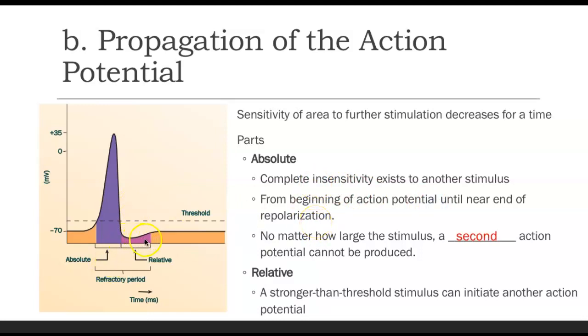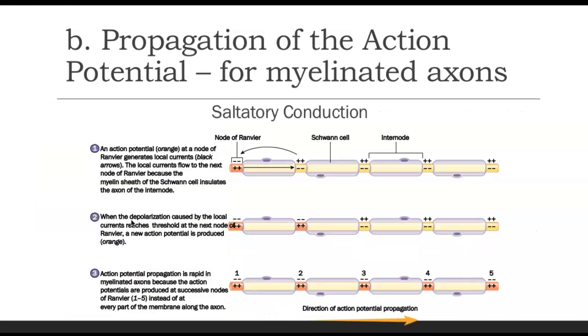Now here in the pink, we have our relative refractory period, and this is going to need a stronger than normal stimulus in order to make it to the threshold for an action potential to begin, because we're not even at resting membrane potential here. We are at a more negative state. So now we need a stronger stimulus to make the inside even more positive to reach that threshold for an action potential to take place.